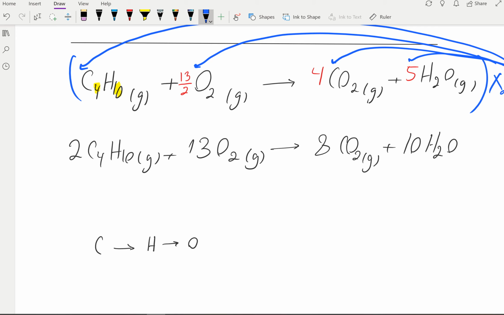The balanced equation is 2, 13, 8, 10. And this is the balanced equation for the burning of butane.